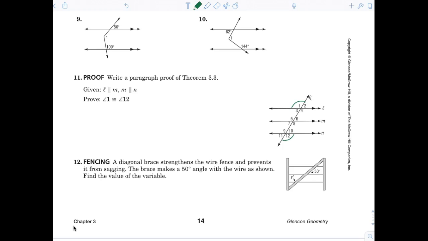But you could say, for example, 12 is congruent to 5. Those are alternate exteriors. 1 is congruent to 5. Those are corresponding. Then you can do a what? Substitution, right? So there are so many ways to write that proof. You can't just tell me you don't know anything about that.